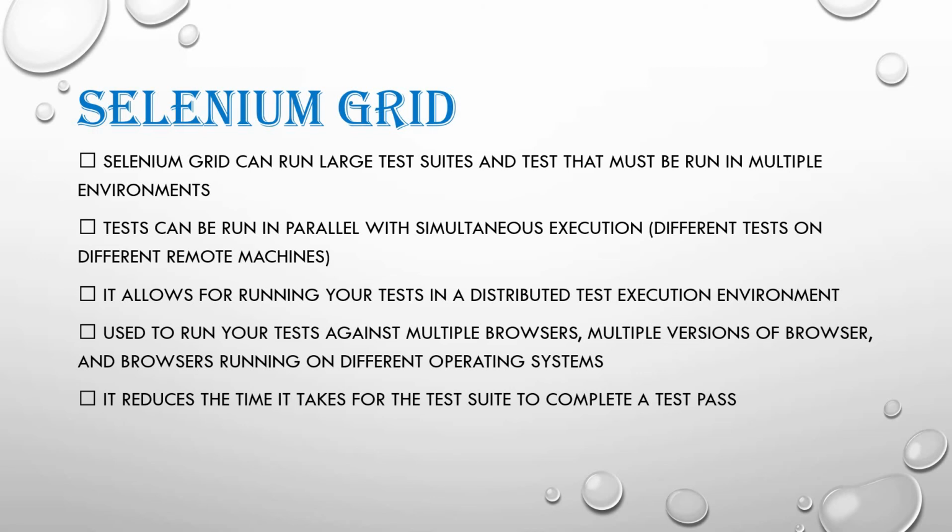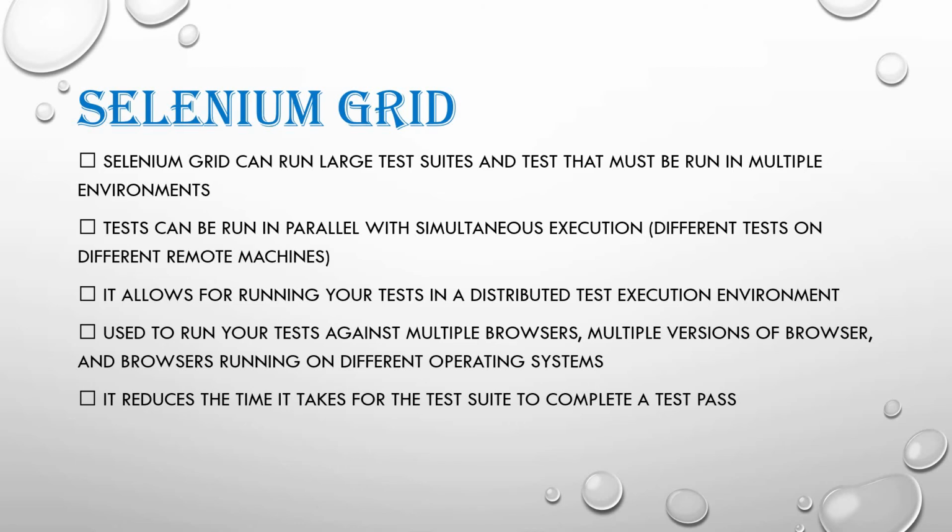Like we can run three scripts in parallel, we can run four scripts in parallel, and with Selenium Grid it is also possible to use different operating systems, different browsers, different versions of browsers and different kinds of browsers at the same time for running different scripts.